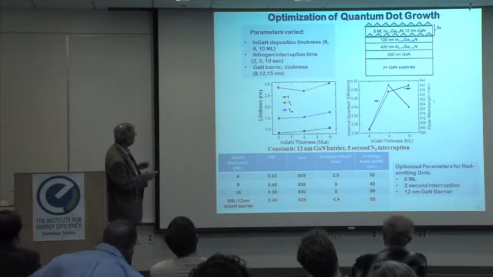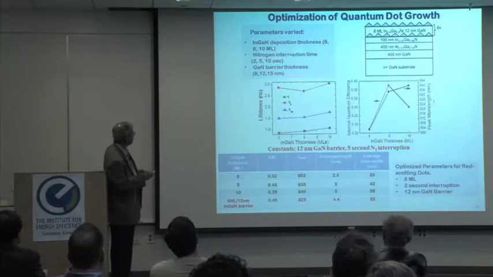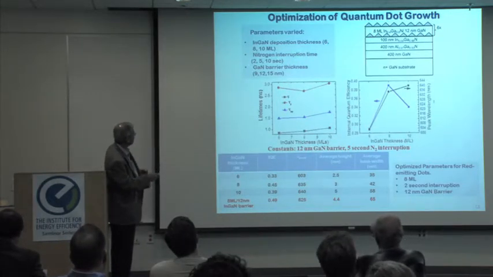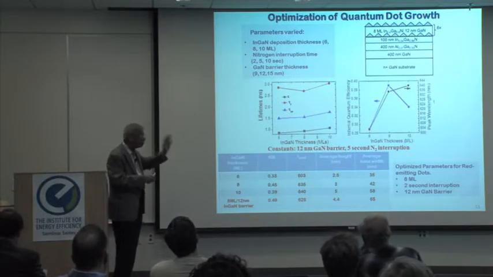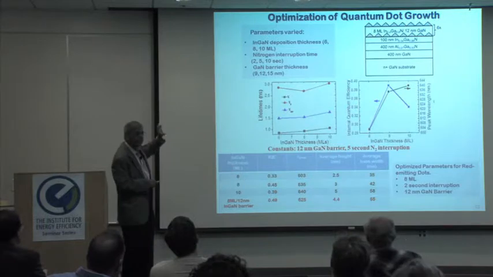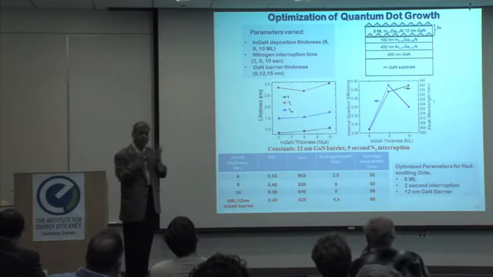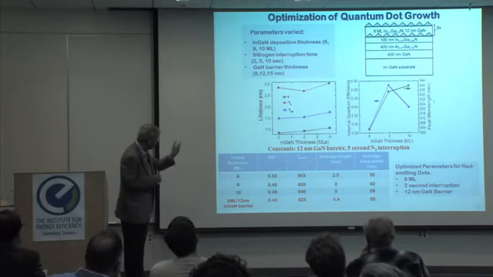If the interruption time increases, then the size of the dots increases. And then the gallium nitride barrier thickness, and this changes the strain distribution and all that. At the end of the day, what we are trying to do with these 3 parameters is to change the size, the composition, and ultimately the electron hole overlap and the quantum efficiency.